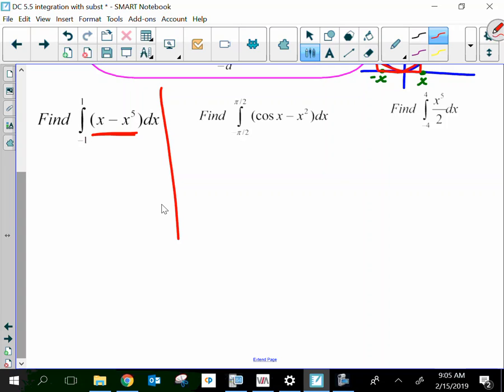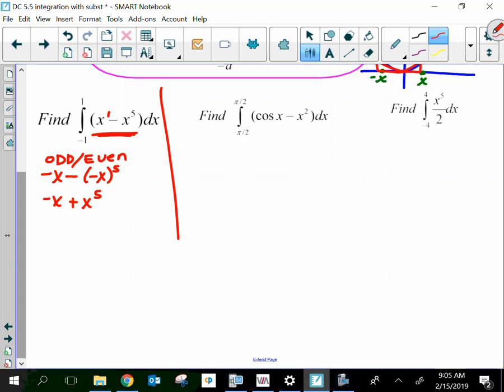It definitely is odd because both your exponents are odd, which means it's an odd function. But if you plug in a negative x to check for odd or even, negative x to the 5th is negative, so this is what we have, right?